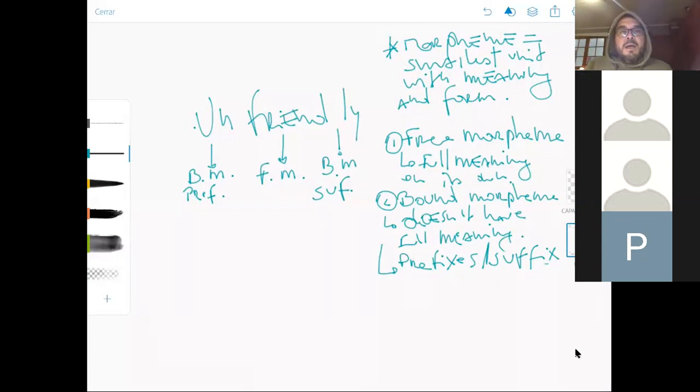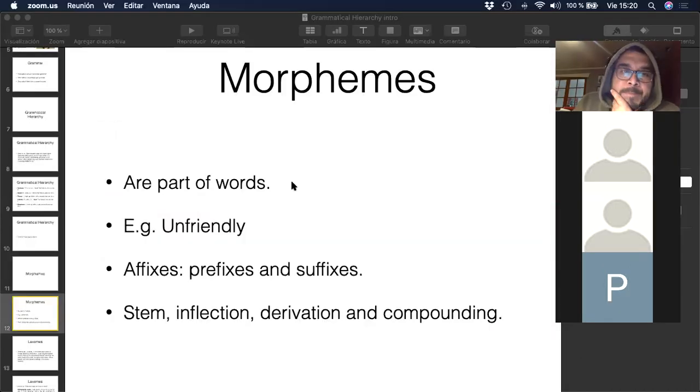Okay, so we're going to go back. So morphemes are parts of words because they create words. For example, unfriendly, the one we're analyzing. There are free morphemes, and there are also some other ones called bound morphemes.